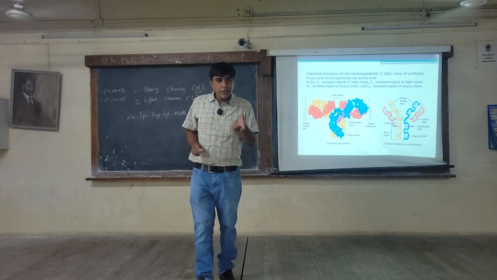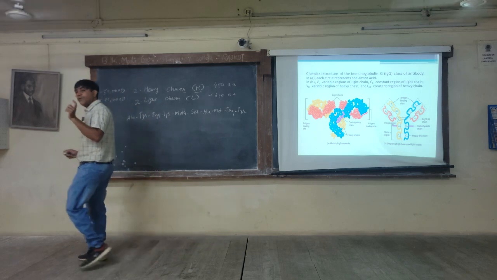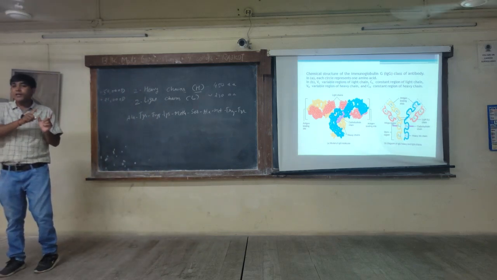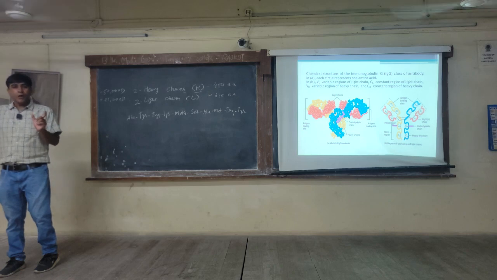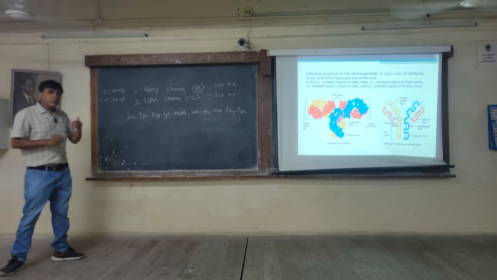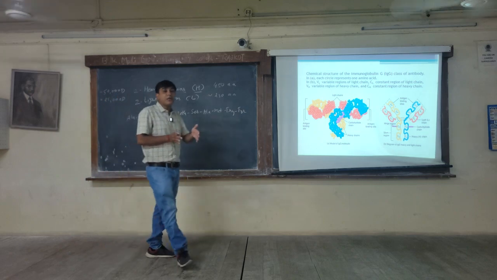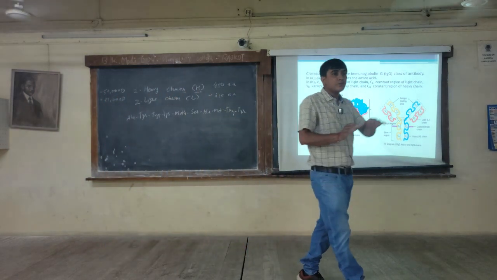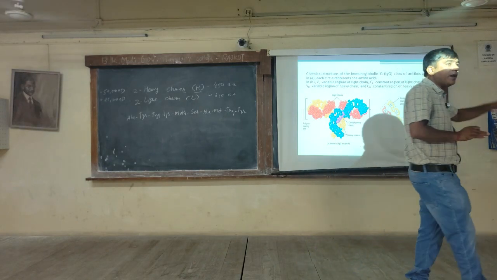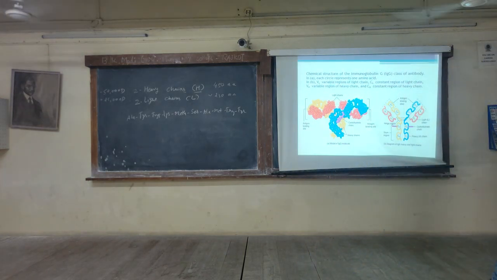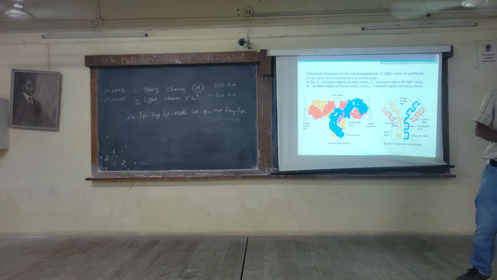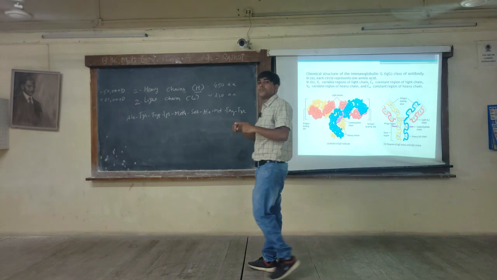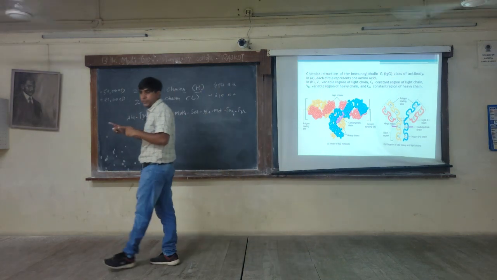So nearly 50% of the structure of any antibody is fixed. It is constant. It does not have any difference in the sequence of the amino acids. While less than 50% approximately is the variable region, in which the amino acids can be arranged in a manner as demanded by the antigen structure. Depending on the structure of the antigen, they will have variable structure, variable arrangement of the amino acids.